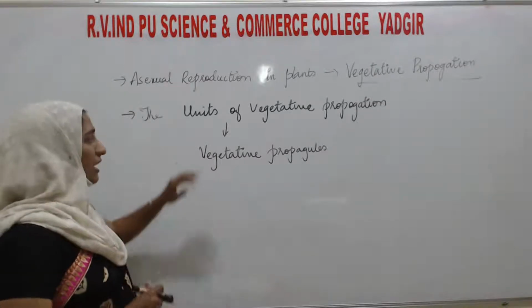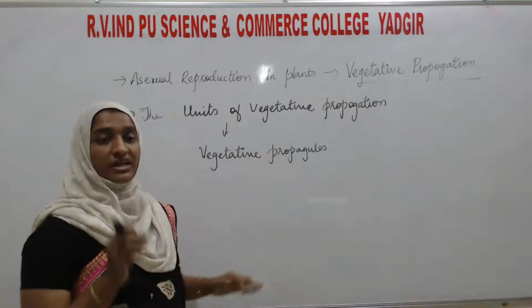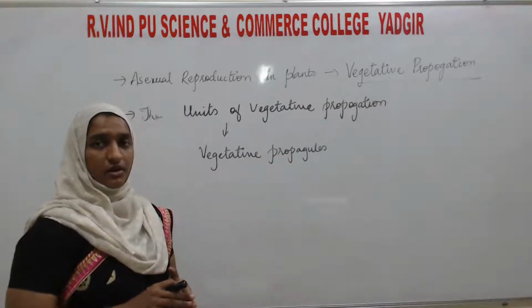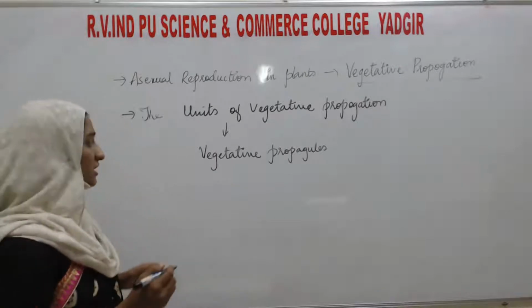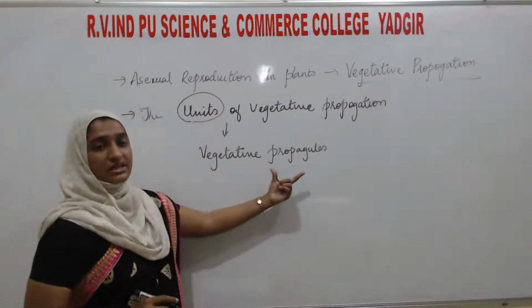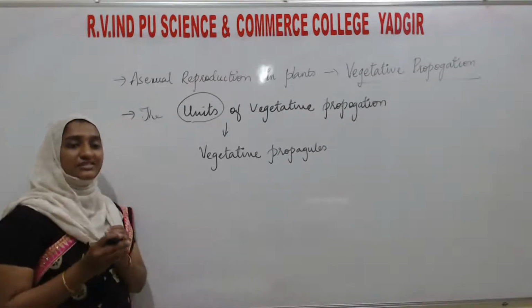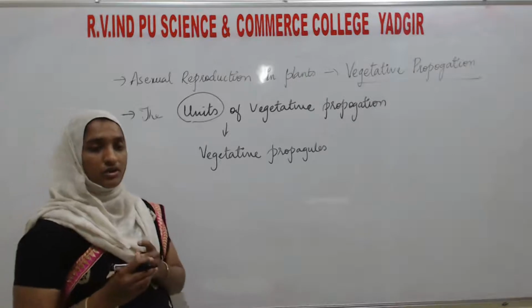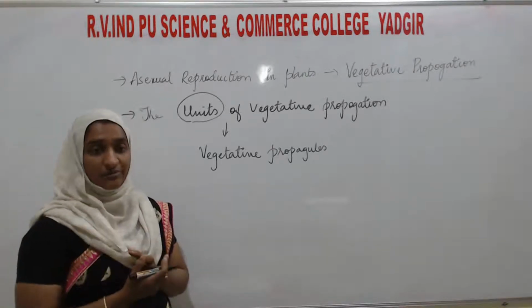In plants, asexual reproduction takes place by some units or some structures, and those units or structures are known as vegetative propagules, such as stem, leaf, root, or some such structures.